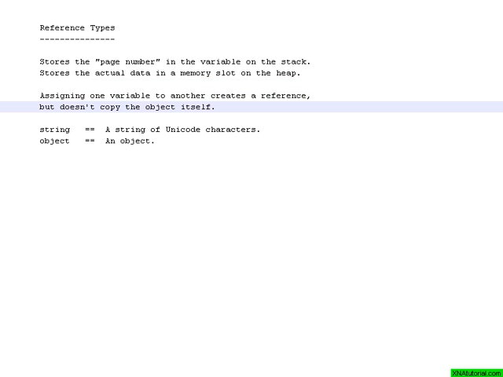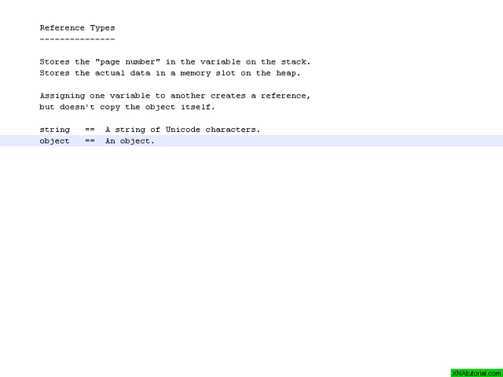So you never get two copies of the object, for example, when you pack up a class. The two most common ones to use are the string, which is text basically, and an object, which means you pack up code, you pack up a class and put it in memory.